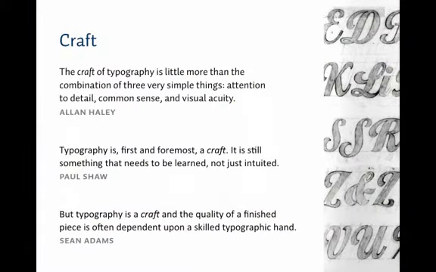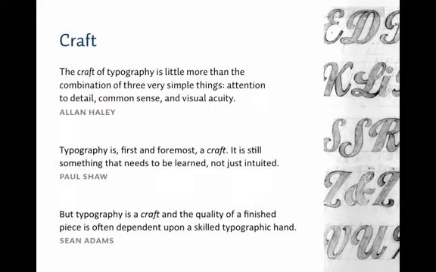Graphic design educators make numerous references to typography as a craft and the practice and craftsmanship required of designers to be skilled in the use of type. Alan Haley, director of Words and Letters at Monotype Imaging, in his essay Unlearned Typography, states, "The craft of typography is little more than the combination of 3 very simple things: attention to detail, common sense, and visual acuity."